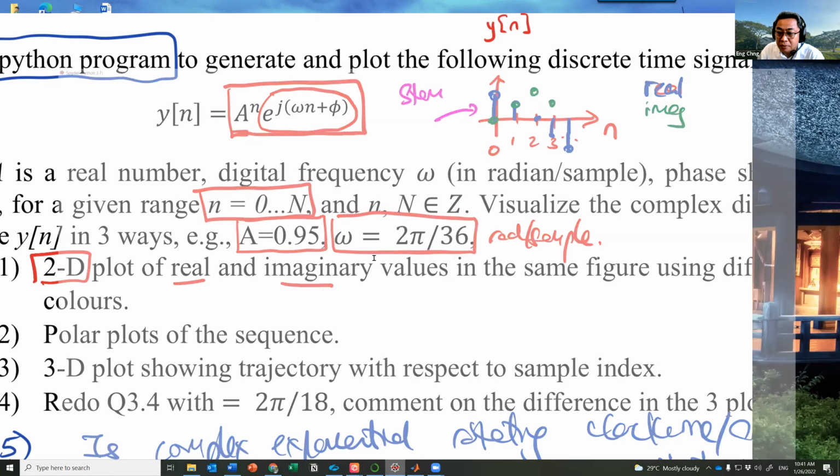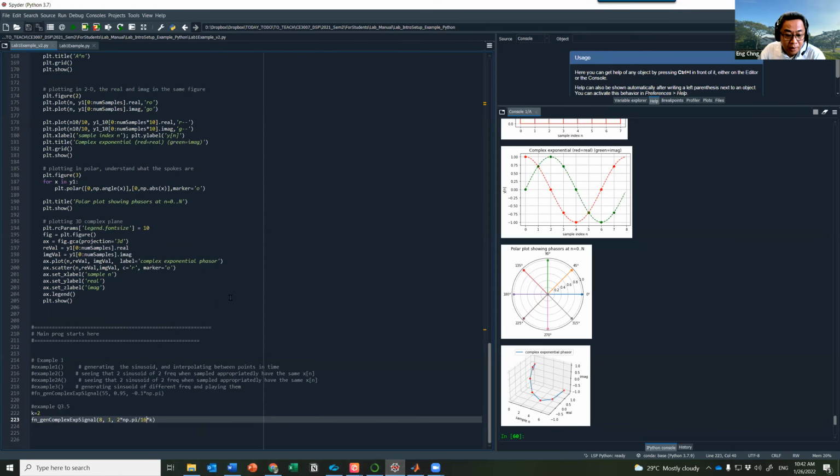All right, so let's open up Spyder. And already I'm going to plot 2 pi divided by 36. Okay, so k is 1. Later on, you'll realize, let's throw away the k first so that I don't confuse you.